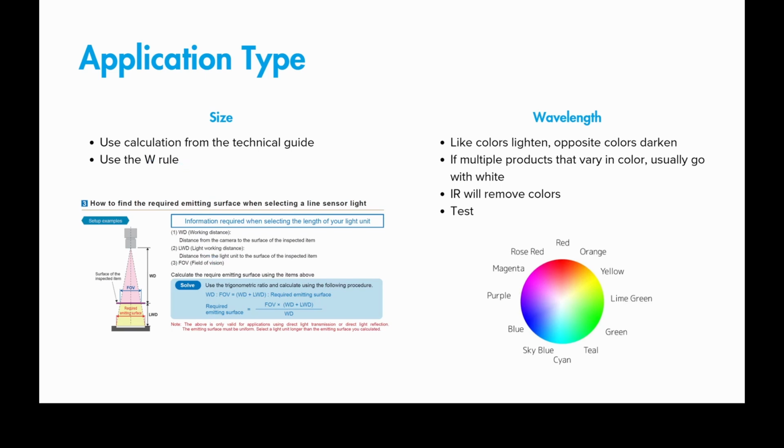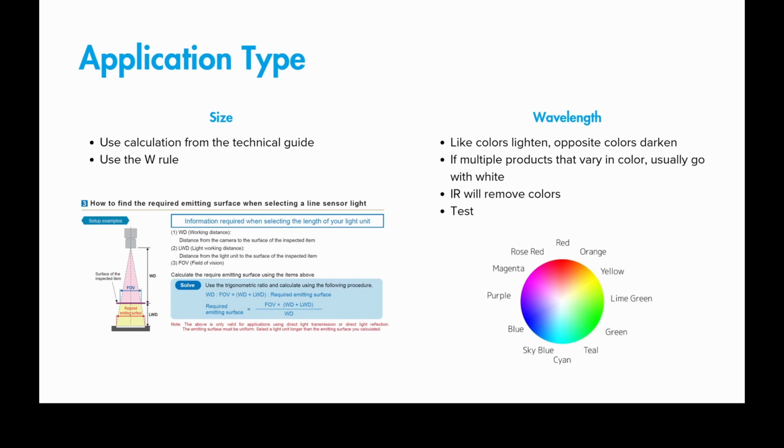Essentially what the W rule is, to have perfect uniformity at the far edge of your extremely reflective sample, you have to have light coming from the angle of incidence that it reaches the camera. And that ends up making the light have to be about 2 times the size of the field of view. That can get very big very quickly, and that really is just the case for extremely reflective surfaces like mirror-like.